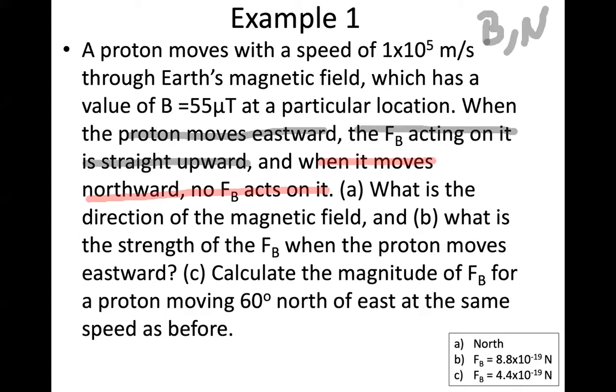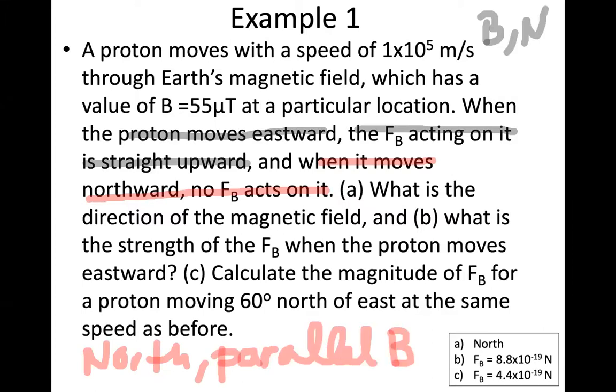Wait, when the proton moves northward, no force acts on it. That means that north is parallel to B. No force acts on it when we move parallel. So again, is the B field in the north? Yes. Both of those pieces of information tell me that the B field is towards the north.